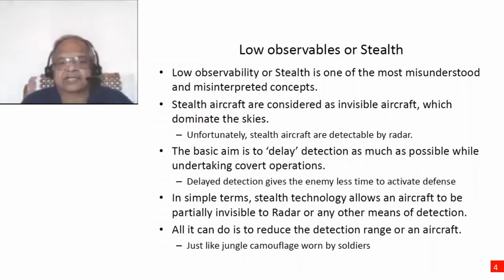Delayed detection gives the enemy less time to activate defense, and by that you improve your survivability. In simple terms, stealth technology allows an aircraft to be partially invisible to radar or any other means of detection. All it can do is reduce the detection range for an aircraft, just like jungle camouflage worn by soldiers.